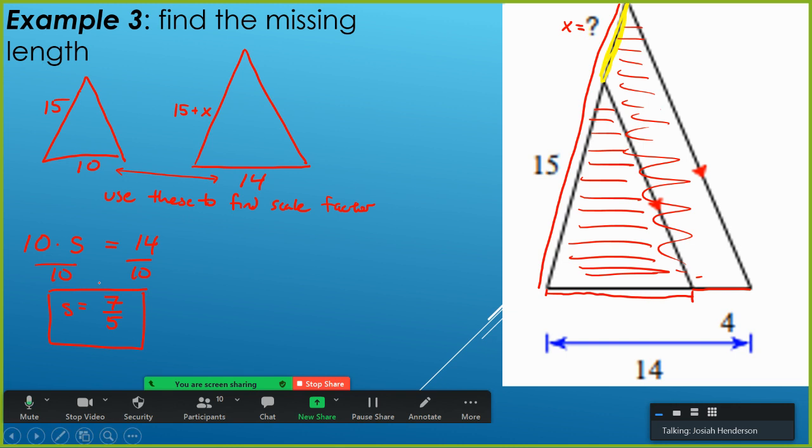So we set up our equation. Small triangle times scale factor gives us large triangle. So that means 15, that's small, times 7/5 is equal to the large side, which is 15 plus x.